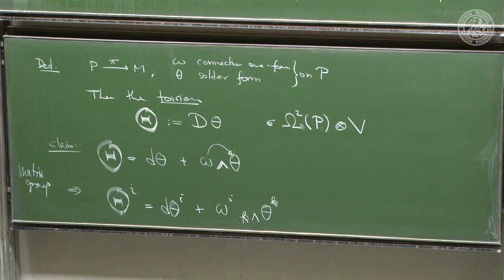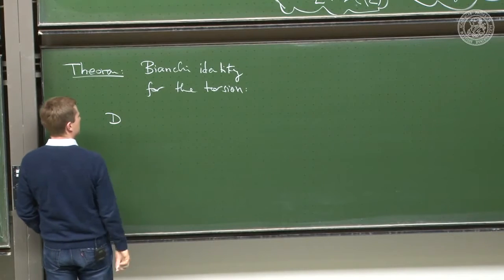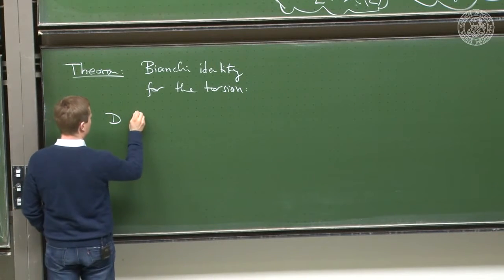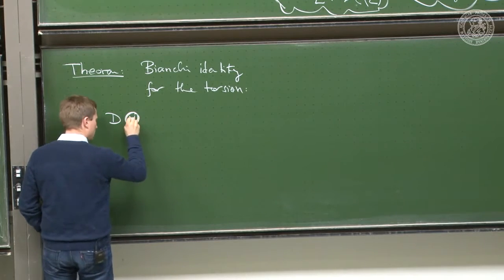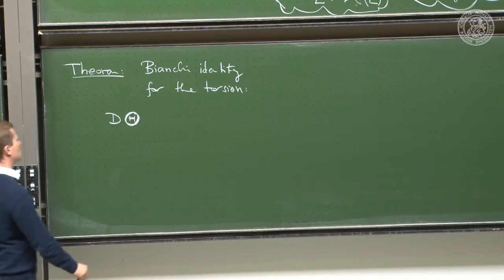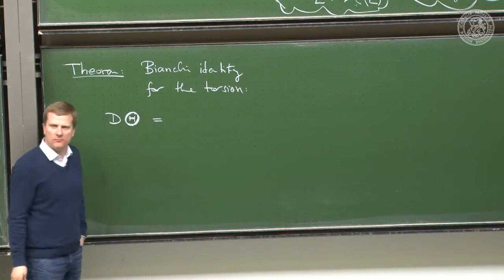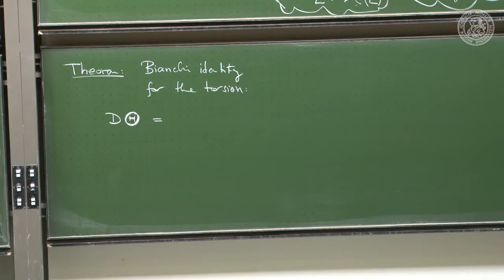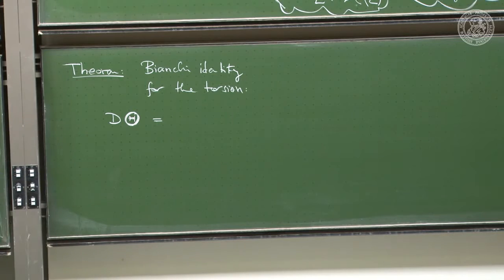For the torsion, and that is again the capital T, sorry, the covariant exterior derivative D acts on the capital Theta, acts on the torsion, and the result is not 0, which is a particular example that D squared is not 0, because the Theta is just the d of the solder form.